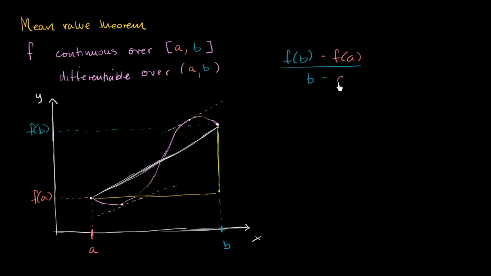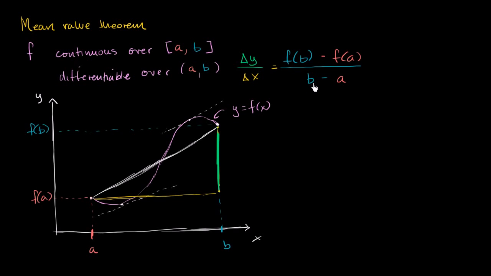So let's just remind ourselves what's going on here. This right over here, this is the graph of y is equal to f of x. We're saying that the slope of the secant line, or our average rate of change over the interval from a to b, is our change in y, where the Greek letter delta is just shorthand for change in y, over our change in x, which of course is equal to this.